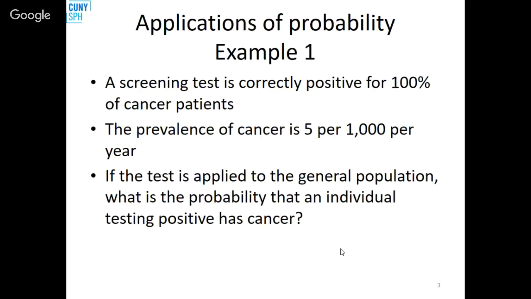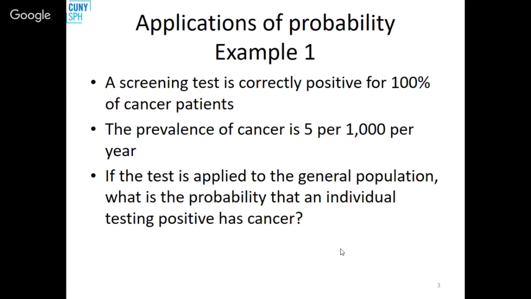That the test positive is correct. No, it's not 100%. So read carefully again here. It's 100% accurate on people who have cancer, but who's it being applied to here? In the population, it's being applied to 5 people with cancer and 995 without cancer.